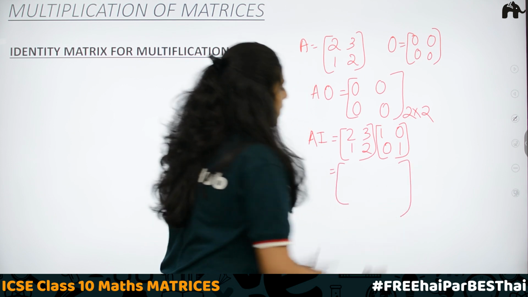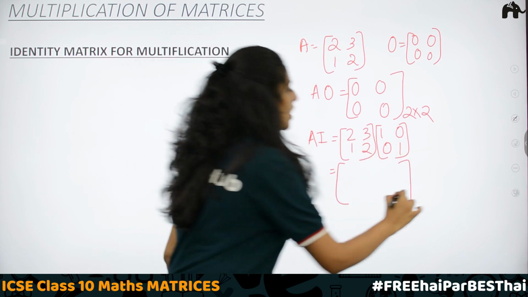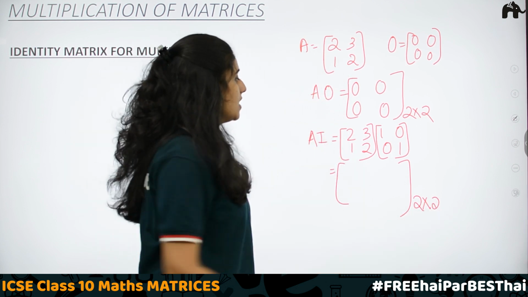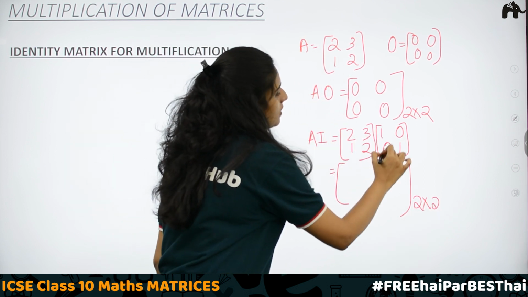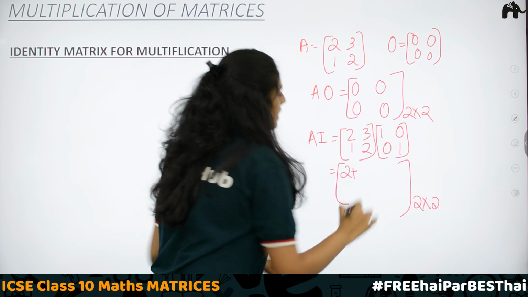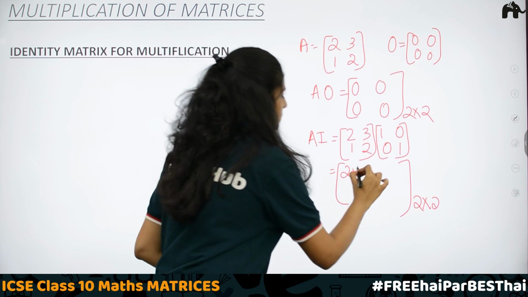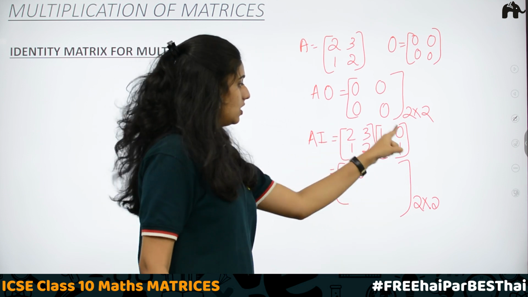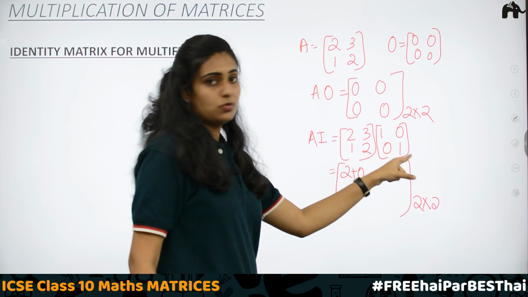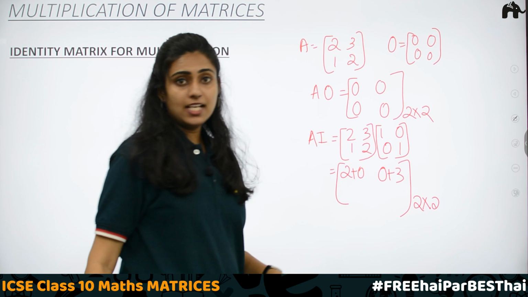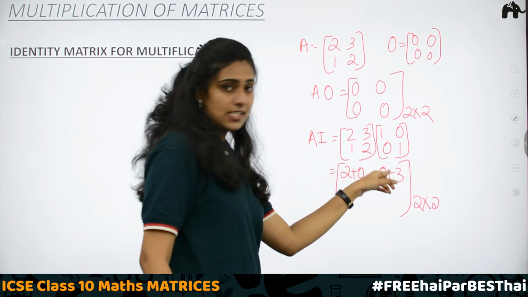Here again 2 by 2 matrix into 2 by 2 matrix, product matrix will be a 2 by 2 matrix. Okay. First element, we have to consider first row, first column. 2 into 1, 2 plus 3 into 0, 0. Next element, 2 into 0, 0 plus 3 into 1, 3. 0 plus 3.